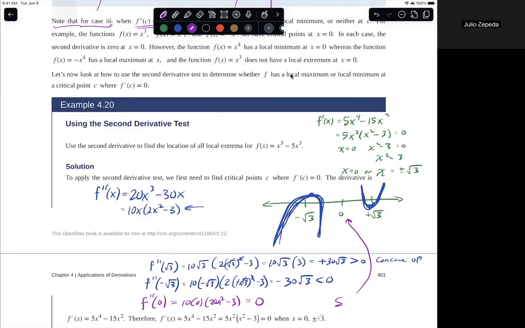The second derivative test is inconclusive. So if we really wanted to know if there was a local maximum or local minimum, we could use the first derivative test and test to the left and to the right of 0 to see if the first derivative changes sign and if there's a local max or min.